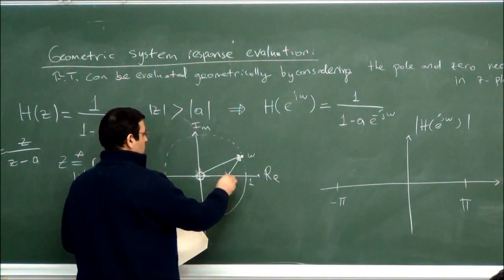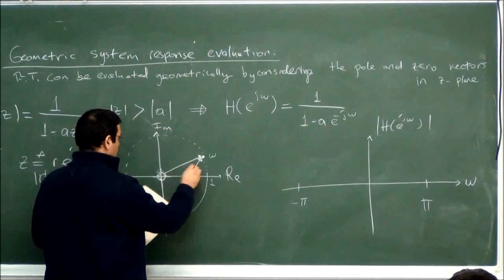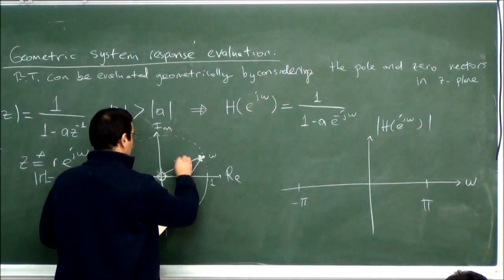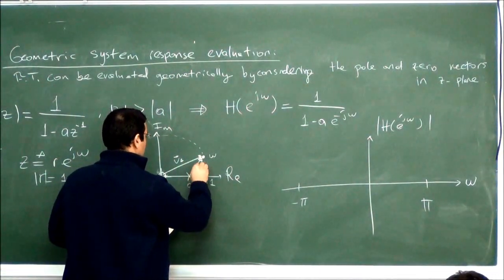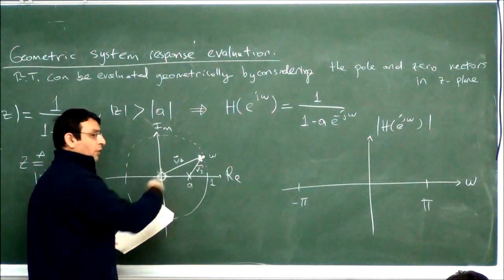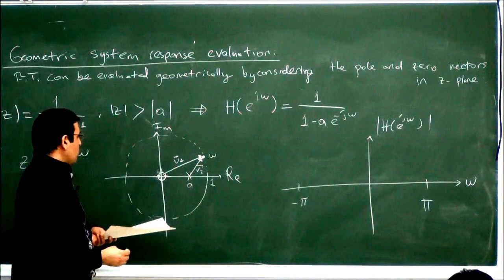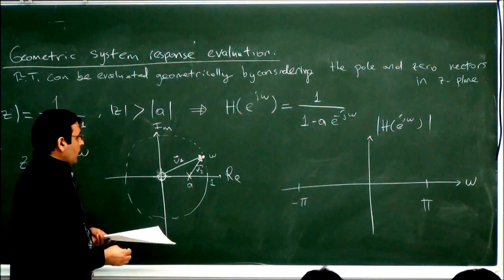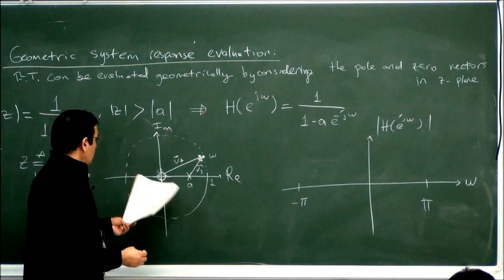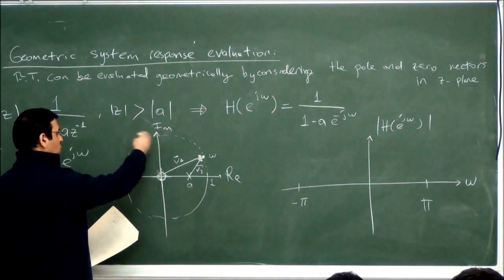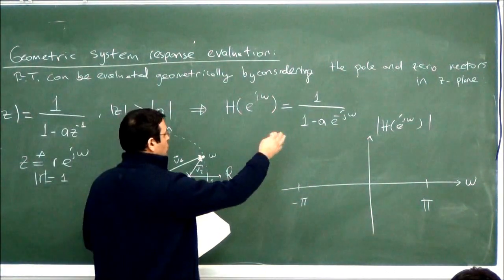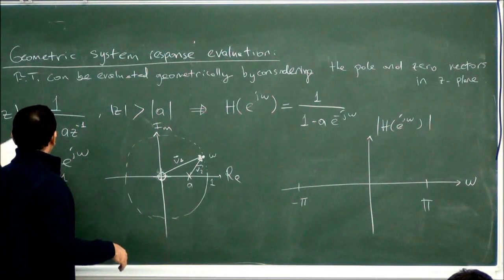These are the vectors: this is the V1 vector, and this is the V2 vector. V1 is the zero vector, and V2 is the pole vector in this case. How can you draw the magnitude response of this sequence by looking only at this plot?